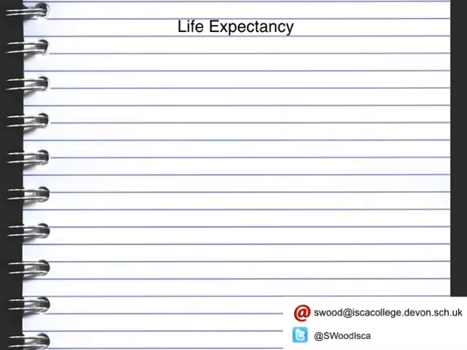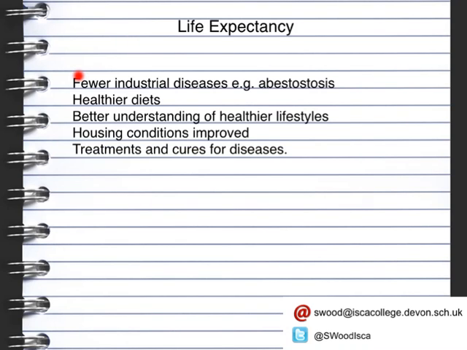Life expectancy in the 21st century is actually going up and up and up, and there are several reasons for this. First and foremost is there are fewer industrial diseases such as asbestos, which means that there's less premature death due to working.